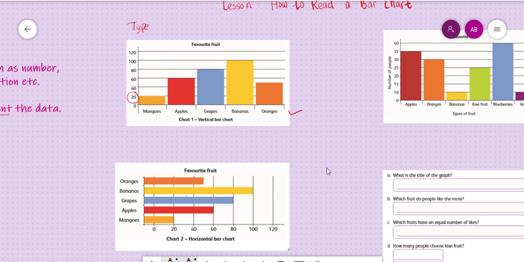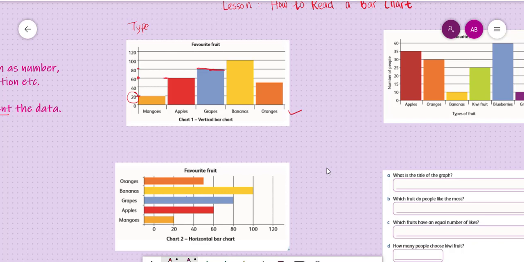For example, mangoes is at this point, so it means the students that like mangoes are 20 students. And you can see the apple is over here, so the students that like apple are 60 people. And over the grapes, you can see the blue one is at this line.